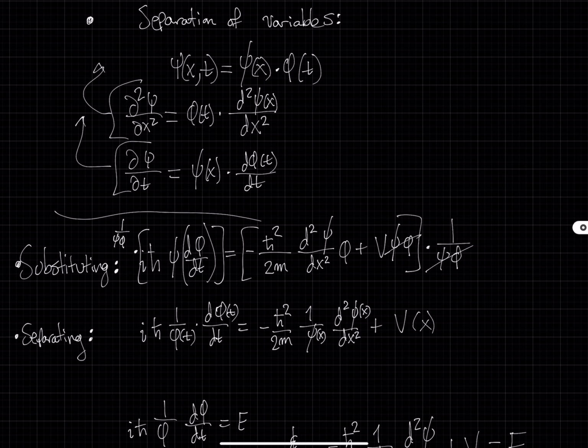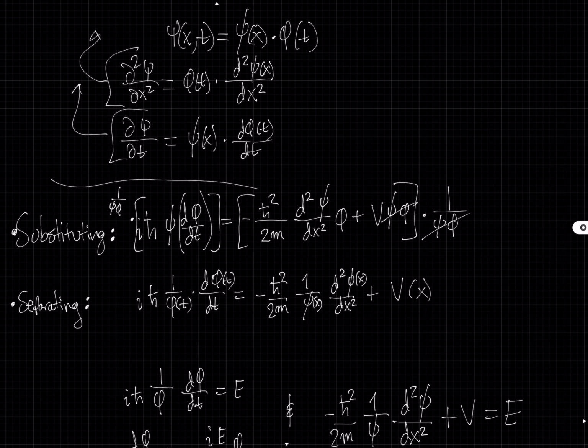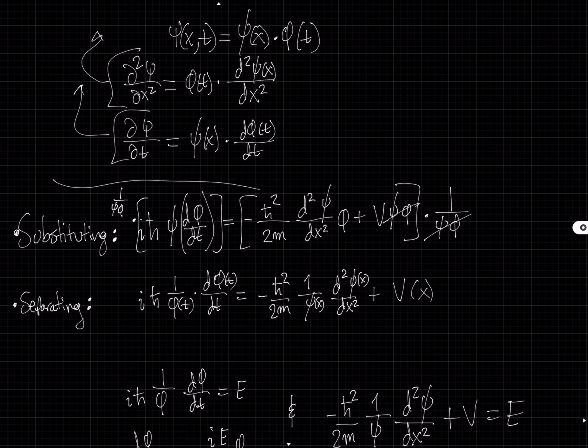And these cancel out. And what you're left with is 1 over psi of x times d squared psi of x over dx squared. And on the left-hand side, we have 1 over phi of t times d phi over dt.